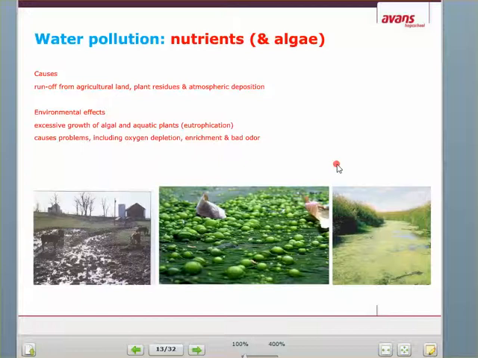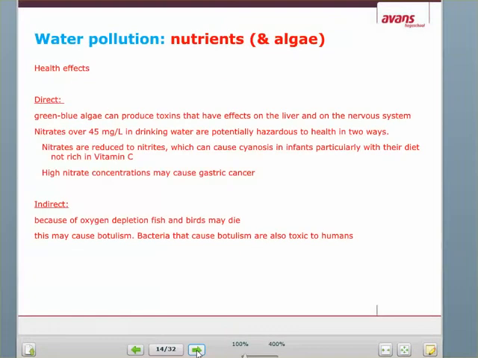So the soil is very nutrient rich. So as I mentioned here, these are human, although it's cows, but we say this is human-induced pollution. On the right-hand side, this is natural pollution. Well, not pollution, it's just not healthy for humans to drink, for example, or swim in.